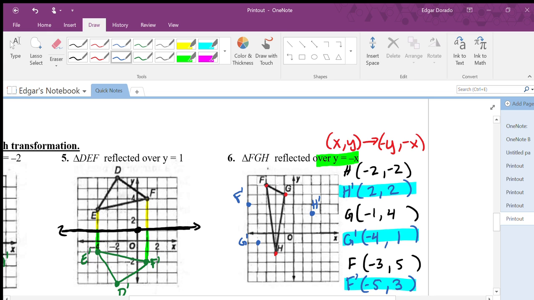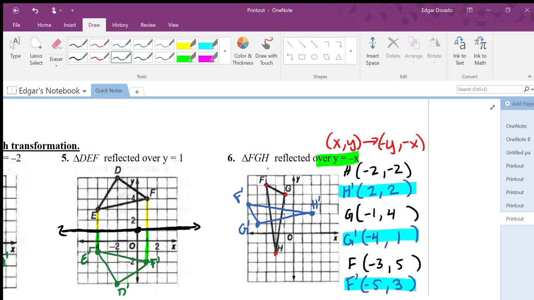So then, oh, whoops, my bad. I didn't do my G correct. It's -4, 1, not -4, -1. G prime right here. Okay, now I can go ahead and draw my connecting lines. And there we go. That is the image that it's going to create for my original pre-image.